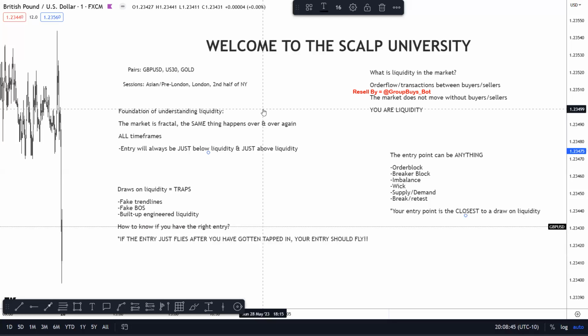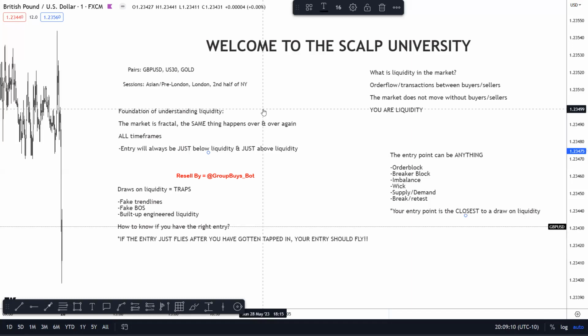The market is fractal. No matter what, the same thing happens over and over again on all time frames. It does not matter whether you're on the daily, the 4 hour, the 1 hour, or the 1 minute. The same thing happens on every single time frame over and over again.